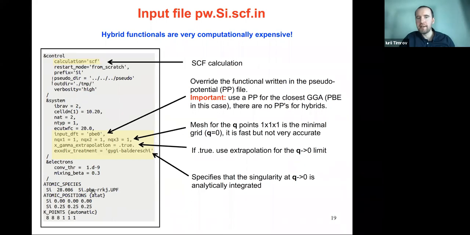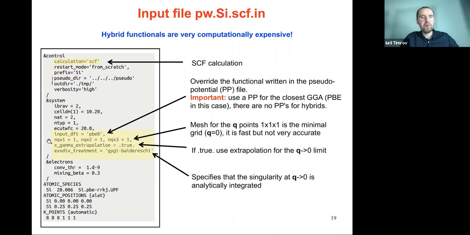You should not use an LDA functional in this case because you're using PBE0. Unfortunately, nowadays we don't have pseudopotentials generated with hybrid functionals. So this is why people use pseudopotentials generated with PBE or PBEsol functional or LDA.